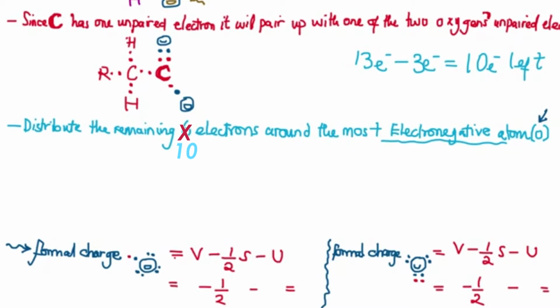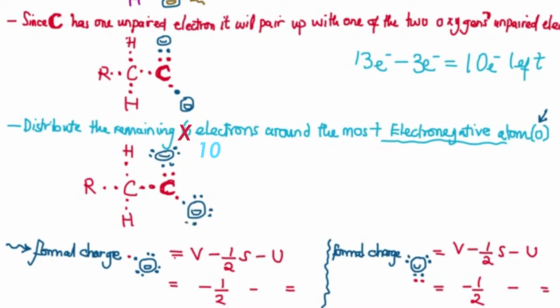So going back to the structure to distribute the remaining 10 electrons, which now become lone pairs on the oxygen, we just put them right here: 1, 2, 3, 4, 5, 6, 7, 8, 9, 10.